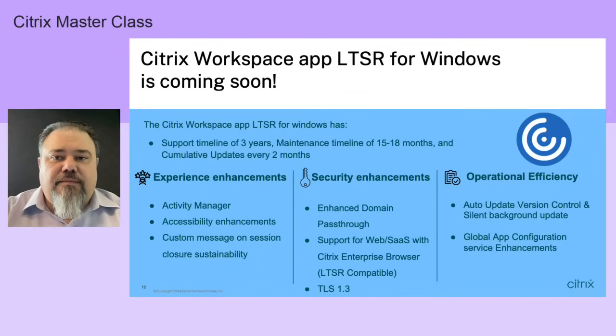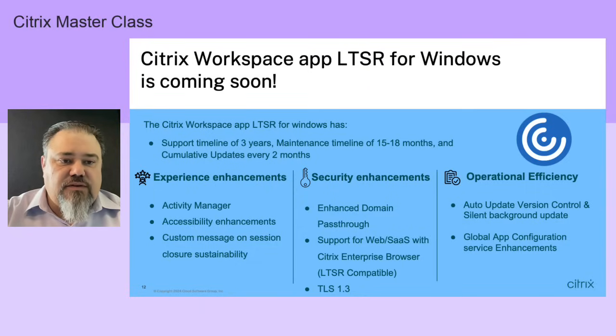Another one is Workspace app. We talked a little bit about this, but we've seen a lot of improvements in our client over the last few years. There have been a lot of UI enhancements. We introduced a new activity manager. If you're using persistent desktops, you now have the ability to select and power manage them.